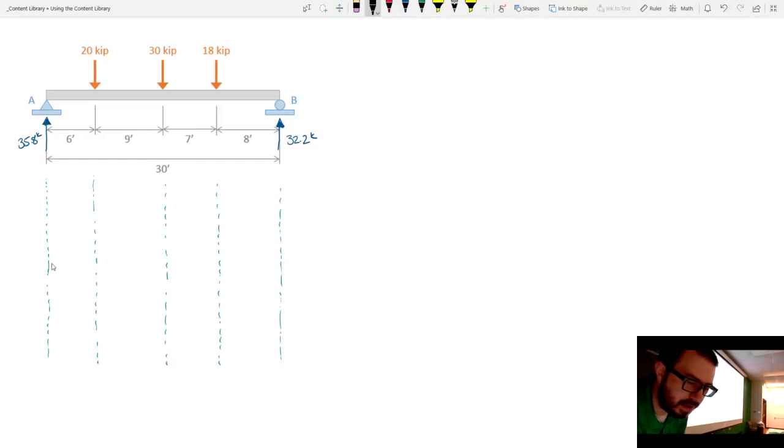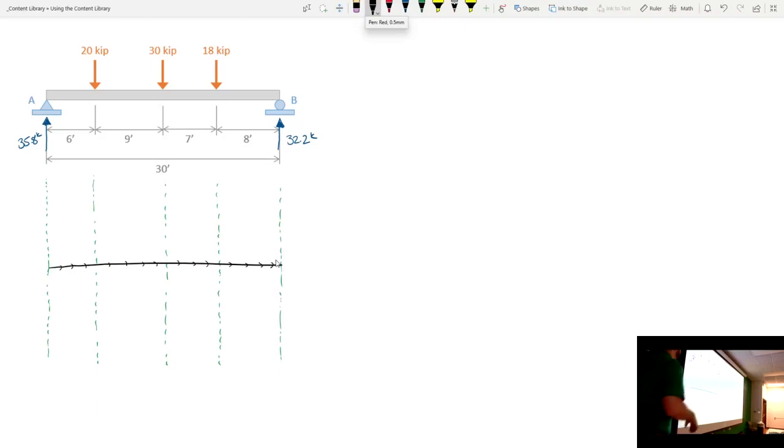Now, the first thing I'm going to do is strike a solid line. Okay. Now, sometimes when I'm drawing the shear diagrams, I kind of like to put little tick marks on here. To be honest, probably not necessary for what we're doing in this class, but I kind of like it to be well known what the zero line is. Because when you draw a shear diagram, it's like you're going up, going down, going up, going down. I just want to make sure that it's clear where zero is.